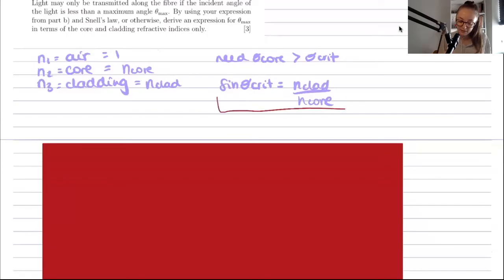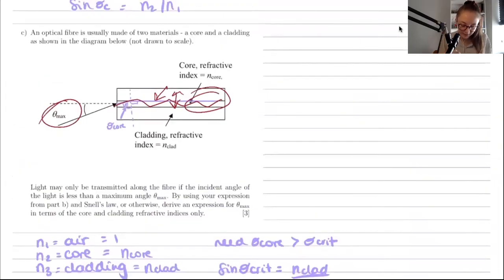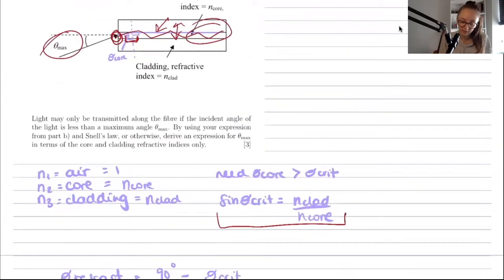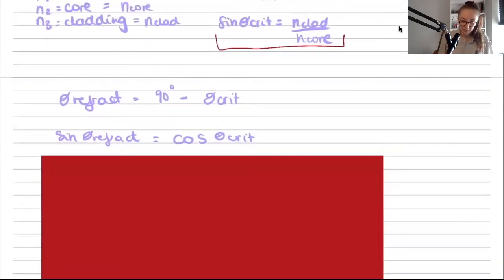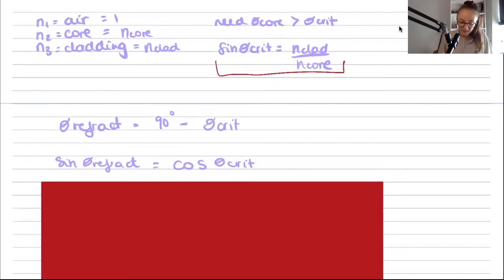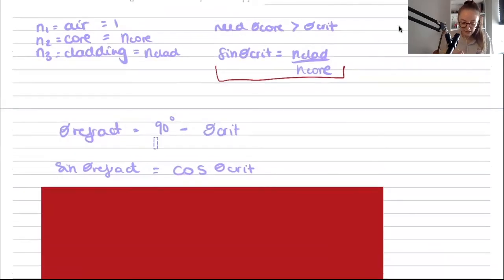Our sine theta critical is the optical density of the cladding divided by the optical density of the core. And then next, we can see that this refracted angle down here would be 90 minus that critical core angle there. So if we want to work out the sine of the angle of refraction, then that is the same as it being the cos of this critical angle.